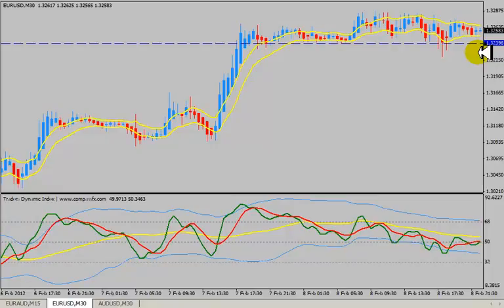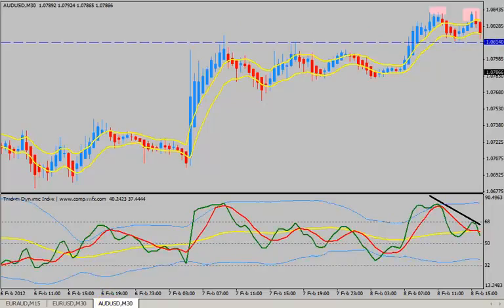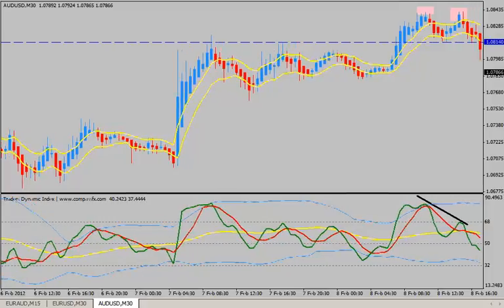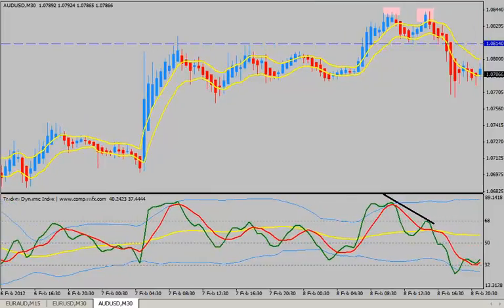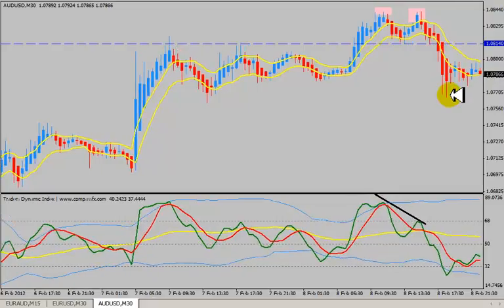Well, with no movement in the euro, what took place is in the Aussie dollar. The Aussie dollar took over, and you can see that this double top pattern ended up being a true double top, and the market just dropped. And when the market dropped like this, that gave rise to the euro Aussie.